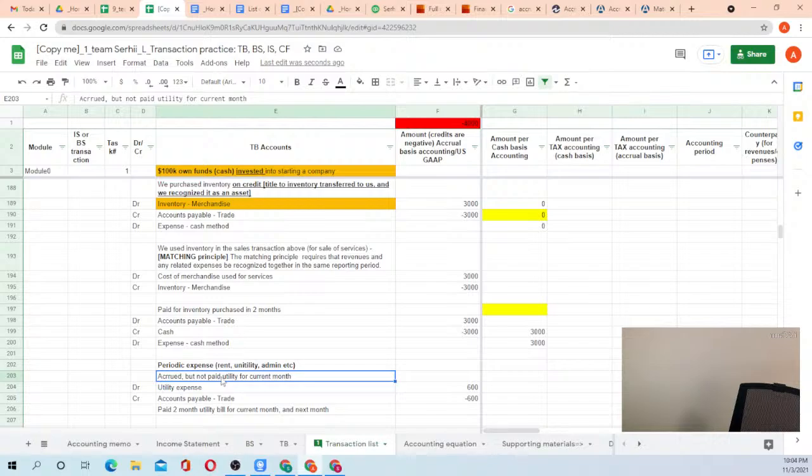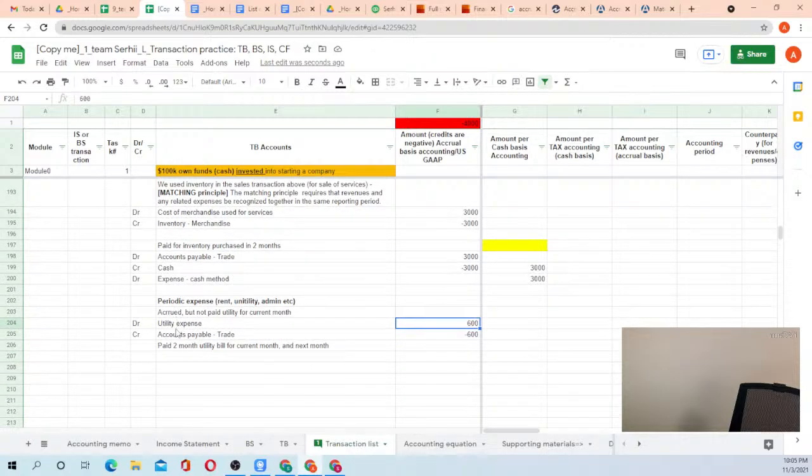Here we accrued the utility bill for this month, assuming this is administrative utility and we do not use that utility to produce or transform our inventories. In that case, we just accrue it, recognize expense on a monthly basis for actual utilities consumed or for our estimate of utilities consumed.